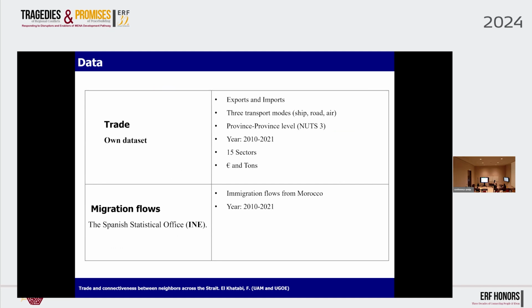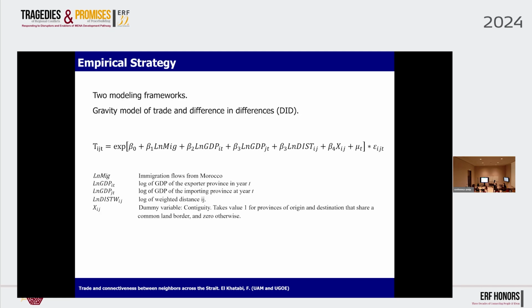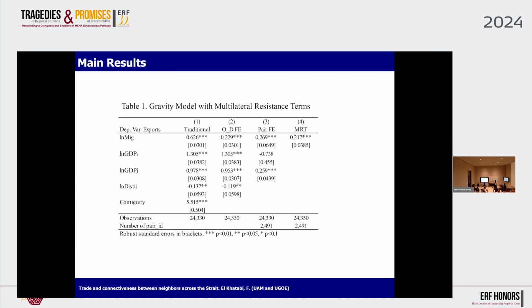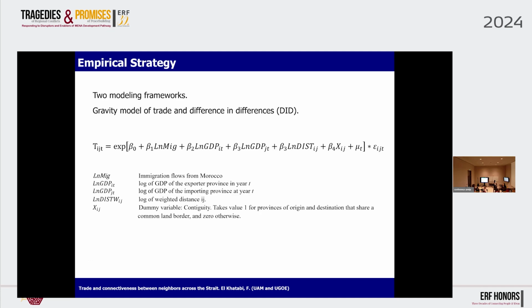And for the migration flows, we have the Spanish Statistical Office, which gives us information regarding immigration flows from Morocco, covering 2010 to 2021. There have been many changes since I sent this last year, and I don't know if they put the updated version.